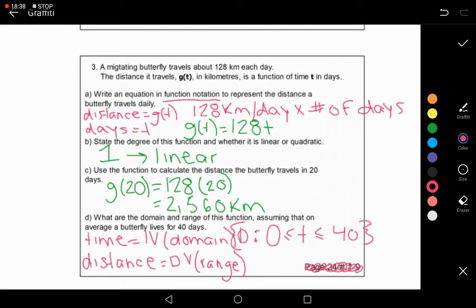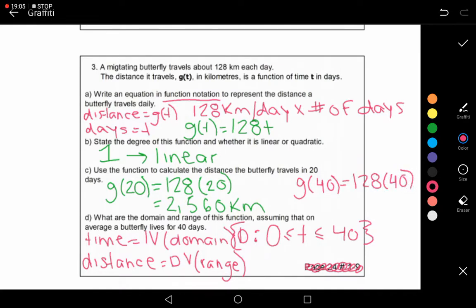because it lives about 40 days. Okay, distance on the other hand, so for 40 days, if they can only live 40 days, that means the maximum time they're going to travel is 40 days. So we go back, I'm just going to do it here. We're going to figure out how far a butterfly can fly in 40 days by using our equation that we created.